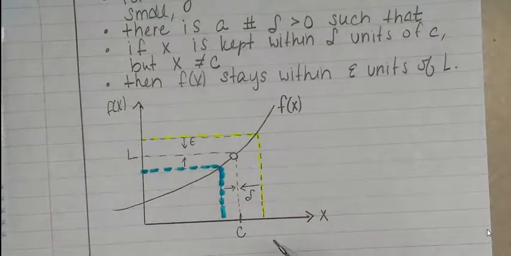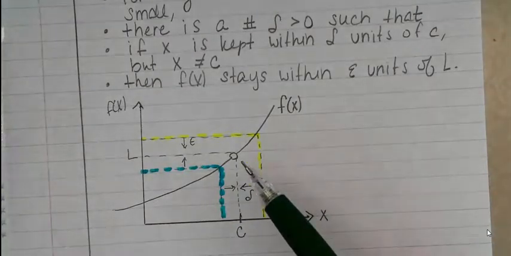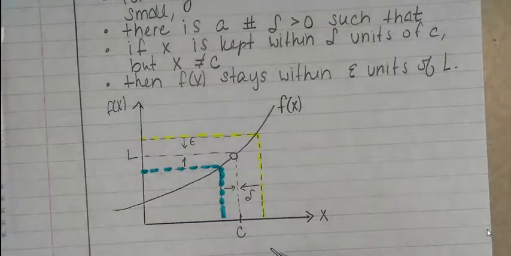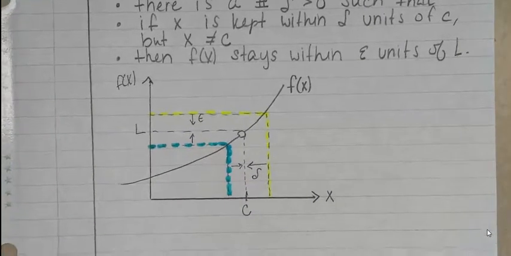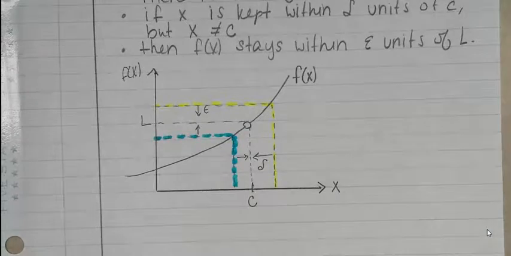Now, there's a whole bunch that your book does with this epsilon delta. It's quite complex, and I've chosen to cut a lot of it out because I've heard that most of it's not on the AP exam. So we're not going to do too much with this, but we are going to explore limits quite a bit, just not with this epsilon delta notation.